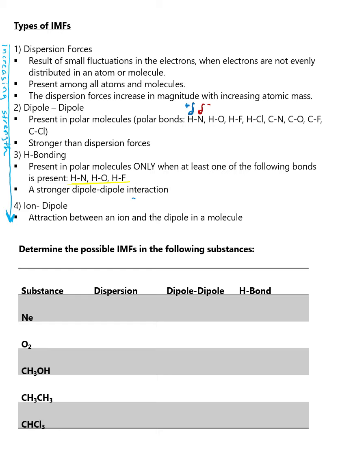So I have a table here, and I'm just making check marks in the ones that are possible for each substance that we have listed here.